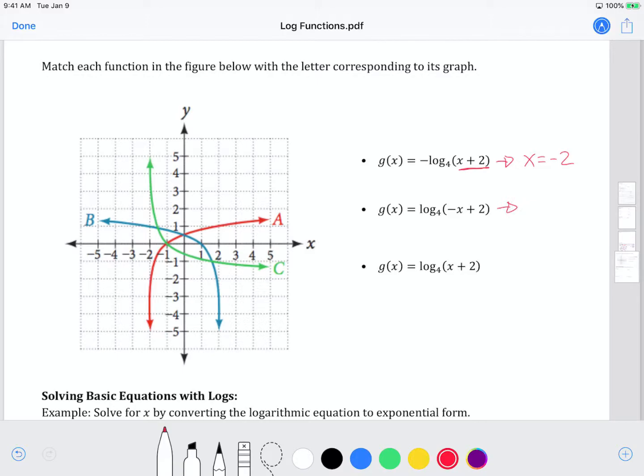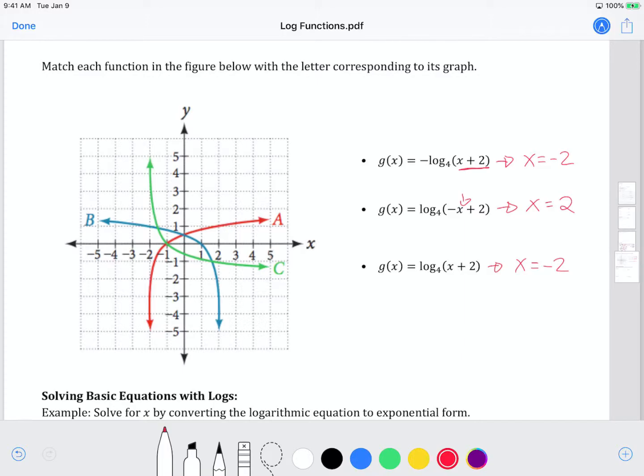This one is going to give me a vertical asymptote at +2. Because if I plug in the 2 here, that gives me a -2 plus a +2, and that's what's going to make the inside 0. And then for this one, I'm going to have a vertical asymptote at -2. So these are all where my vertical asymptotes are.